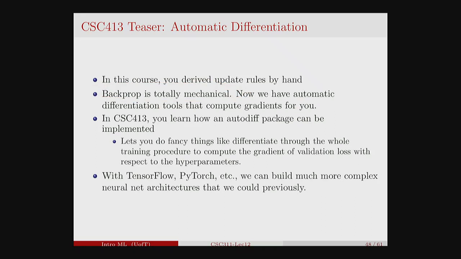But in 413, you learn how an autodiff package can be implemented. So what is a really simple way to program an autodiff package? The backbone of it is not very complex to understand, but understanding it is useful for you to know how existing tools such as PyTorch and JAX behave.